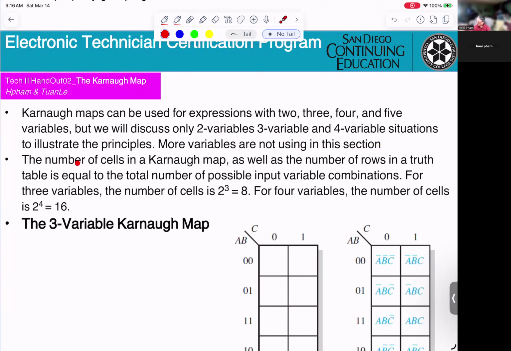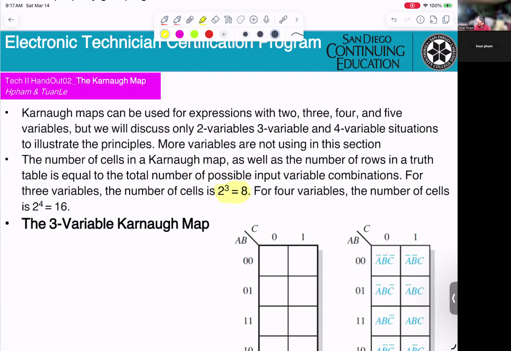The number of cells in a K-map, as well as the number of rows in the truth table, is equal to the total number of possible input variable combinations. For 3 variables, the number of cells is 2 power 3 equals 8.